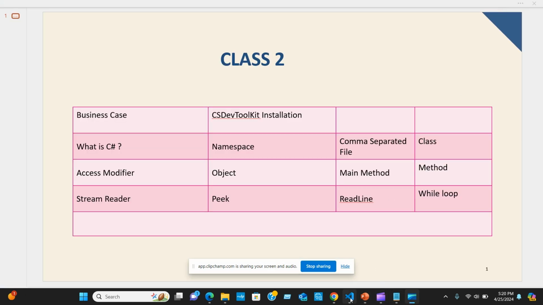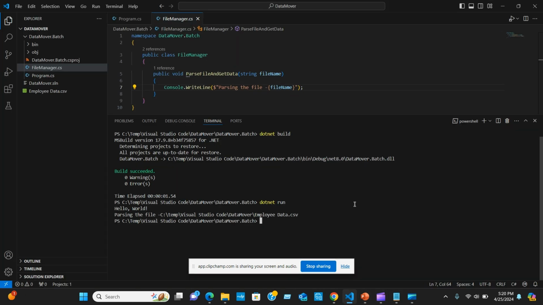Okay, so here it is. We got the two statements, Hello World, and then the second statement passing the file. We got the file passed. That's good. So we are able to get the file name.